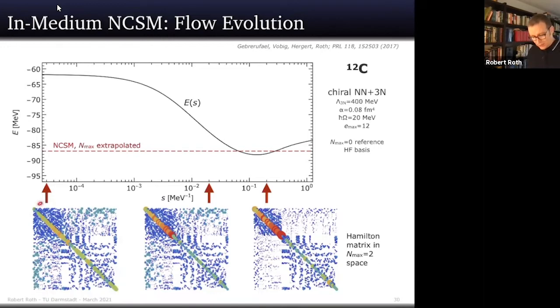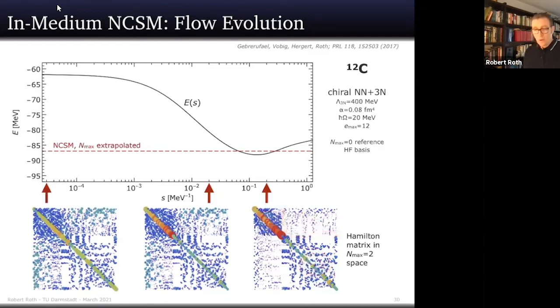And you see exactly what we wanted the transformation to do does really happen. So this is my original Hamiltonian for this carbon-12 problem. And the little reference space, which is simply the Nmax 0 NCSM space that I discussed, that's this little block here. And if you just watch what happens throughout the evolution, this block becomes more visible, and this off-diagonal coupling part, which connects this block to all of the rest, that's suppressed.